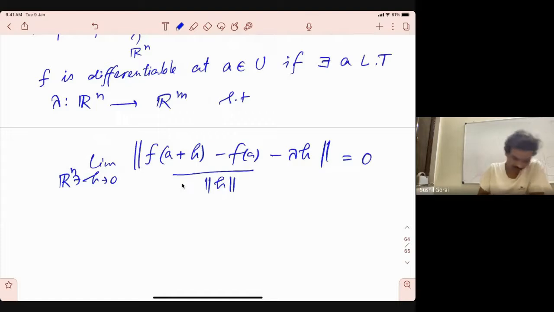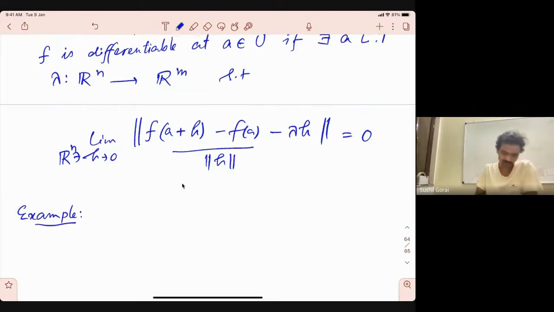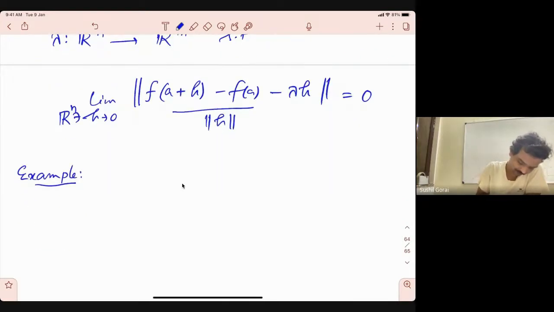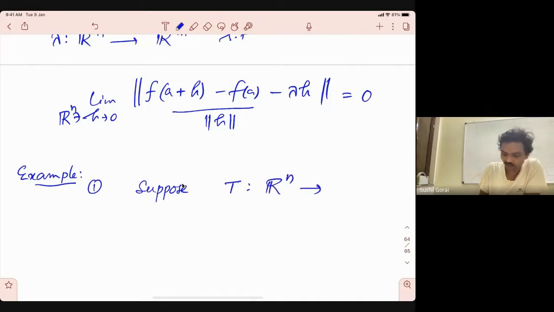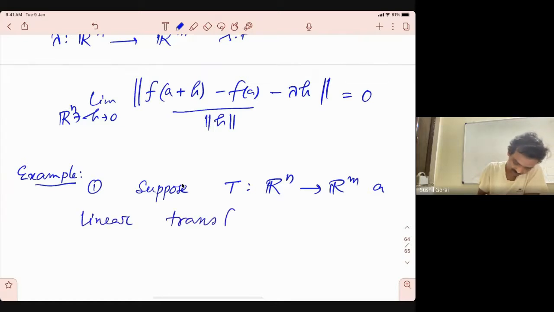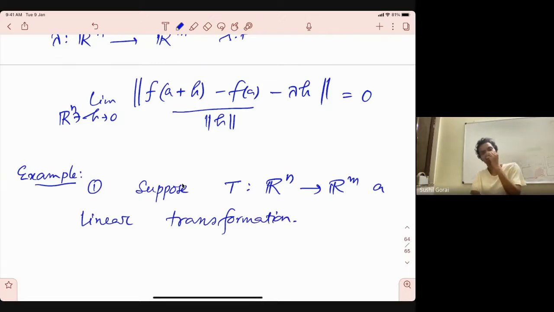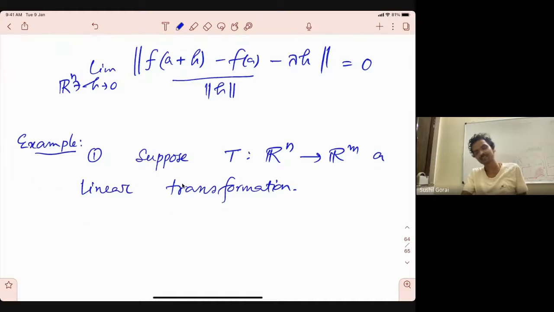Now, can you give an example of a differentiable map? The first example we should take: suppose T from Rn to Rm is a linear transformation. You have seen linear transformations in a linear algebra course, right?